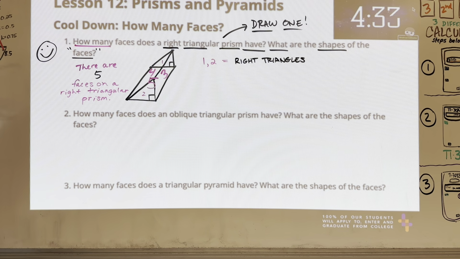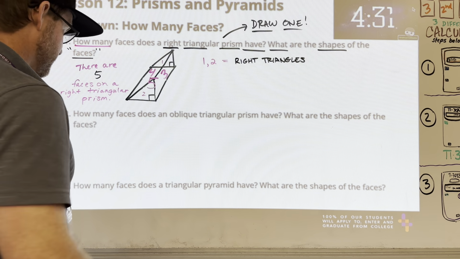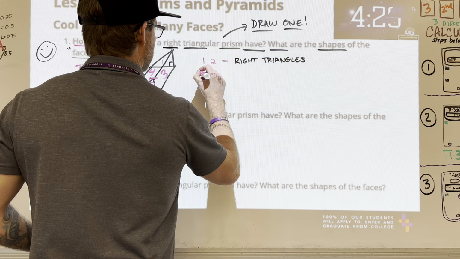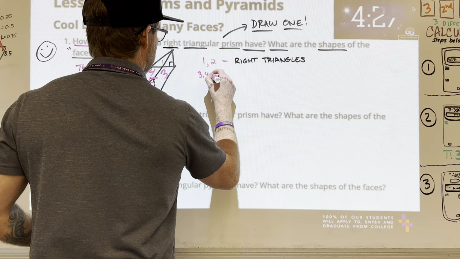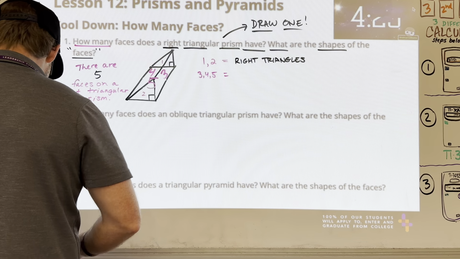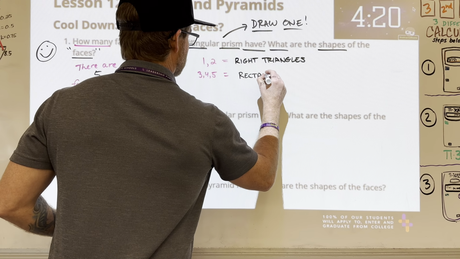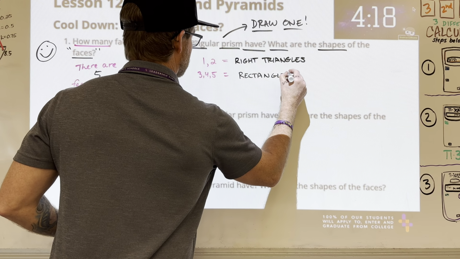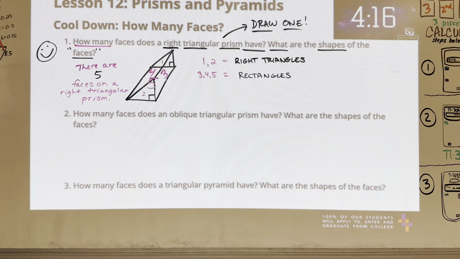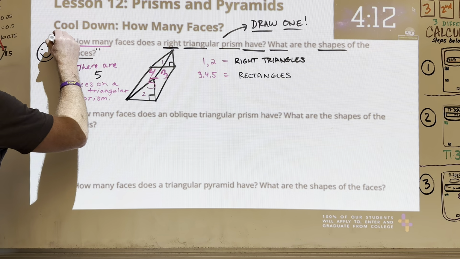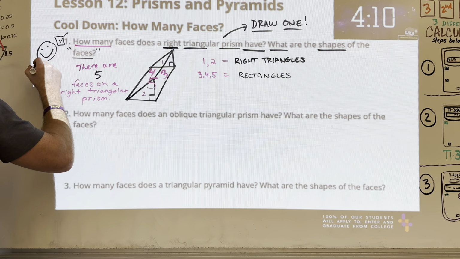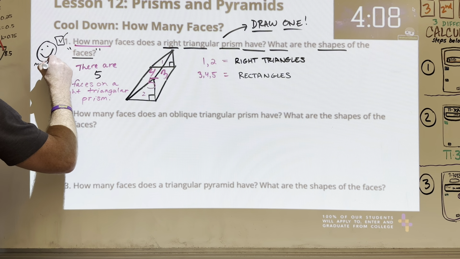Three, 4, and 5 are rectangles. Cool. Number 1 is done. Math is fun, right?